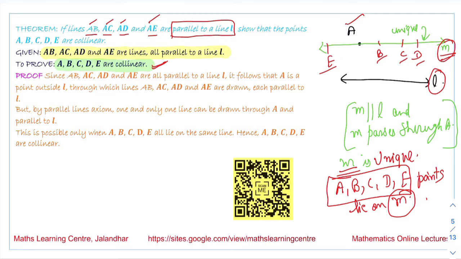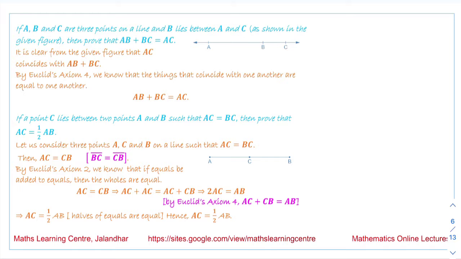Now the next we have: if A, B and C are 3 points on a line and B lies between A and C, we have to prove that AB plus BC is equal to AC. How do we prove this? We draw the figure over here.